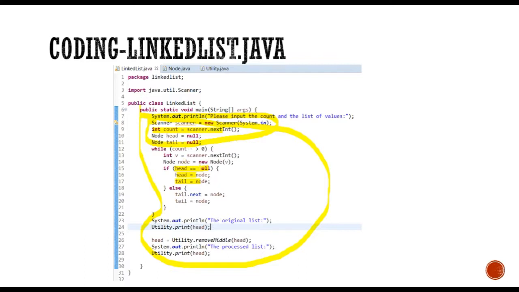If the head is not null, we are going to add the new node to the tail's next. Then we reset the tail each time. So by doing this, for example, we input a count of 5, we get 5 elements in the list. For this one, we are going to print out the original list. This line, we are going to remove the middle of the list. Then we print out the result.